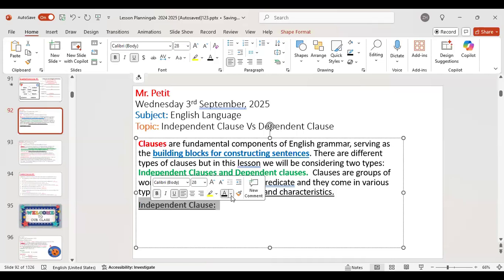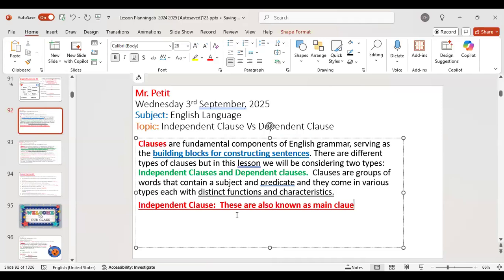Okay. So let's write this down. These are also known as main clauses, right?